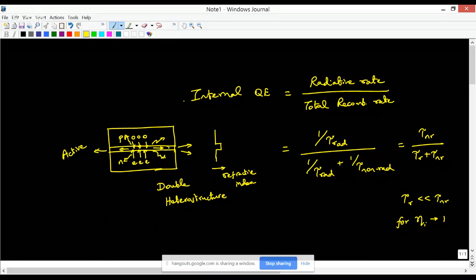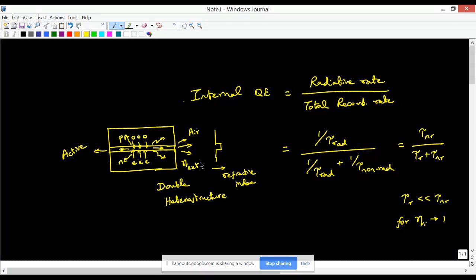And now the question is, how many of those photons actually go to the external medium? This is typically air. So how much of these photons escape to this external medium? That is what we are calling eta external, right?